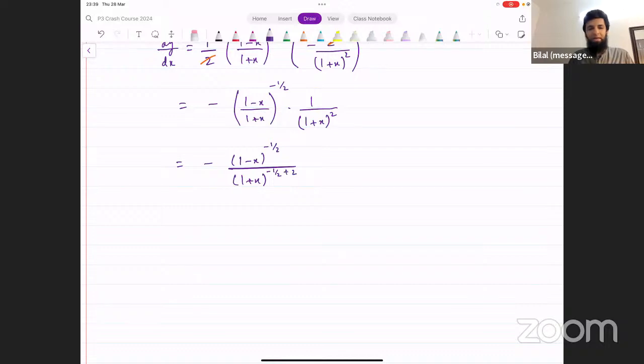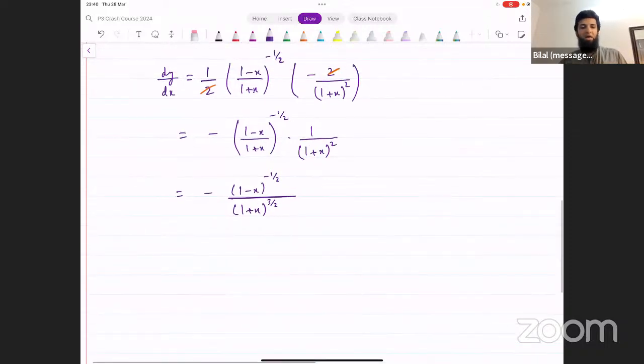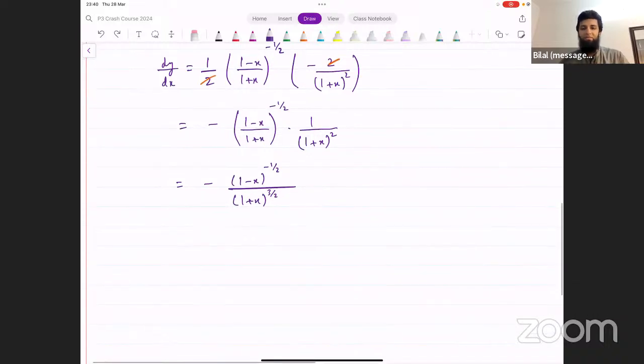These powers are going to get added: minus 1 over 2 plus 2. What does that become? That becomes 3 over 2. This is what we have. This is dy over dx. You can leave it like this if you want to make this power positive as well by taking that to the denominator. You can do that, but it's okay to leave it like this as well. That is dy over dx.